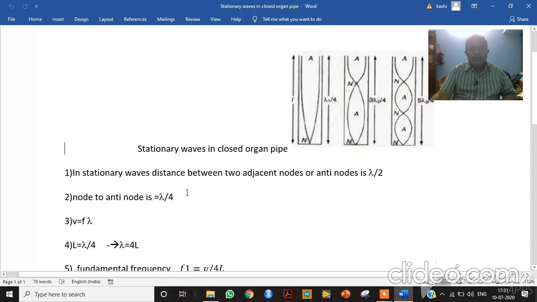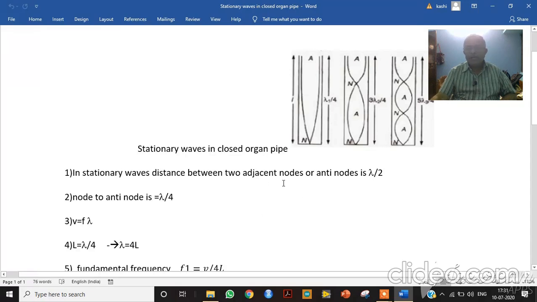One is, in stationary waves, the distance between two adjacent nodes or antinodes is lambda by 2. Two adjacent nodes or two adjacent antinodes will have the distance of lambda by 2. If there is a node and an antinode, the distance is lambda by 4.